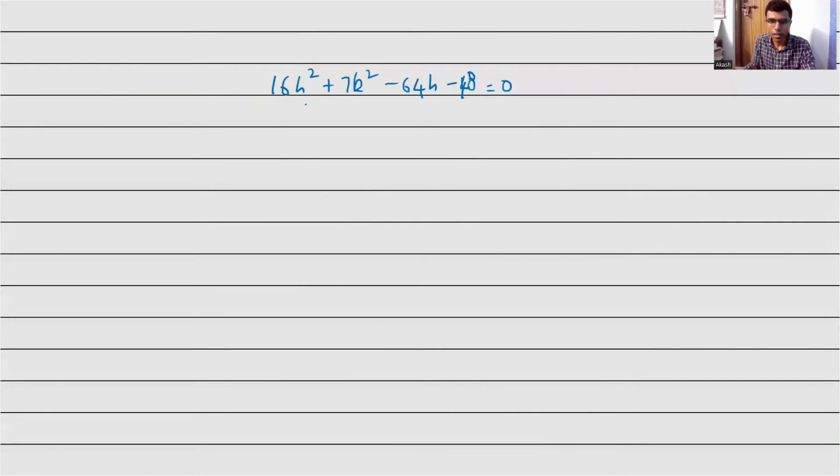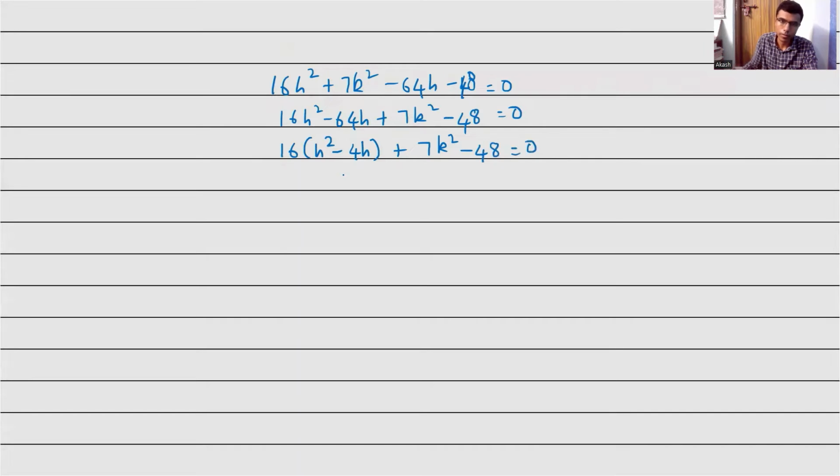Okay, now I'm going to write these two terms side by side. I get 16h square minus 64h plus 7k square minus 48 is equal to 0. Now from these two terms, I'm going to take 16 common. Then I will be left with 16 times h square minus 4h plus 7k square minus 48 is equal to 0.